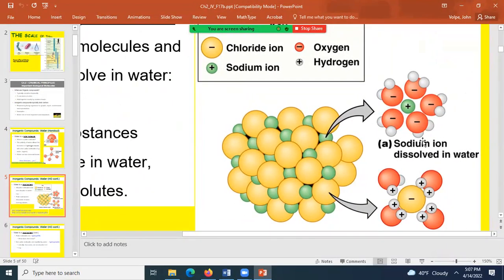And water is a polar molecule, and the negative charge of the oxygen of the water will orient itself towards the positive sodium ions. And that is why ionic molecules dissolve in water, because water will surround the ion with the opposite charge of the water.